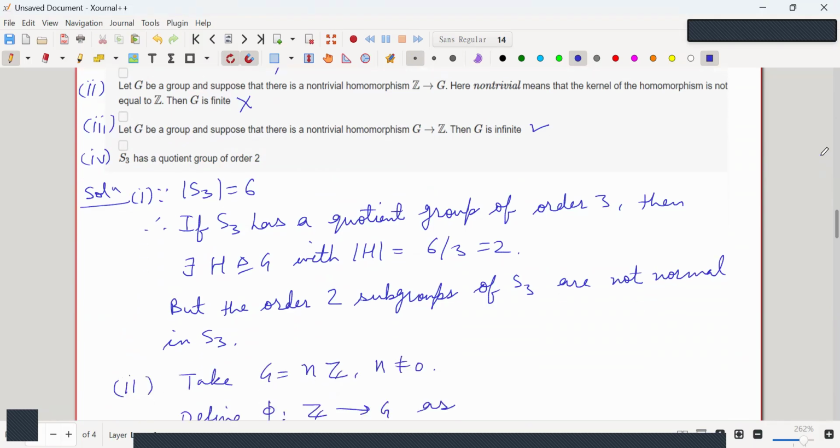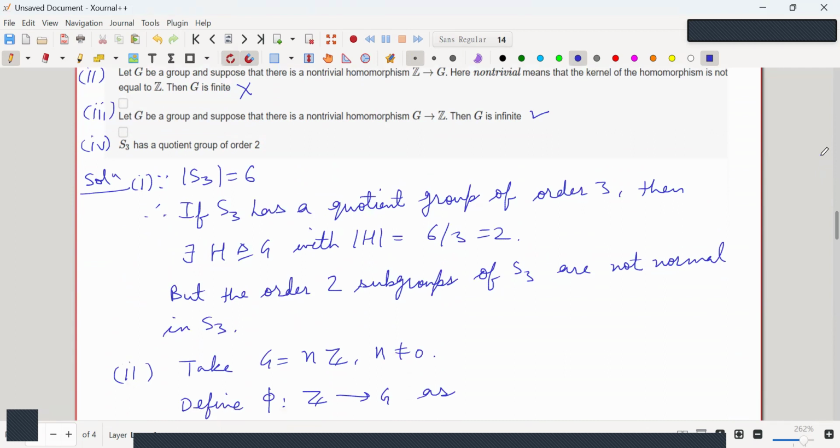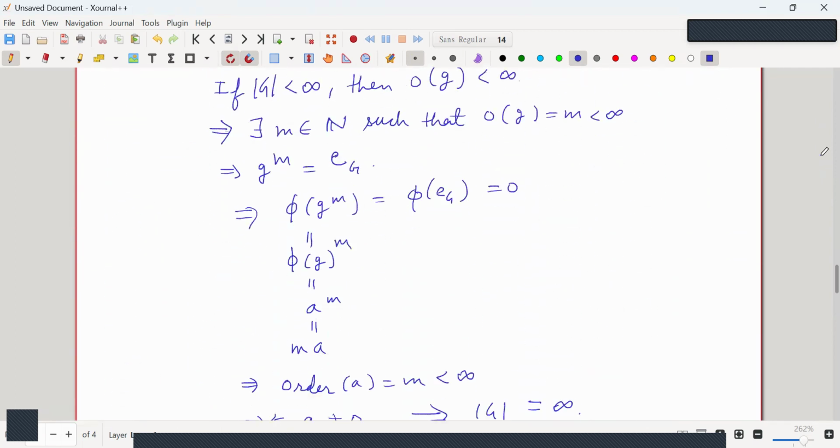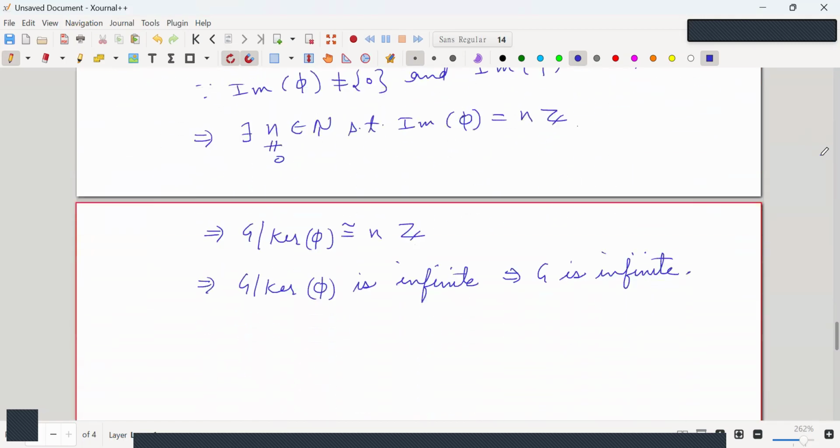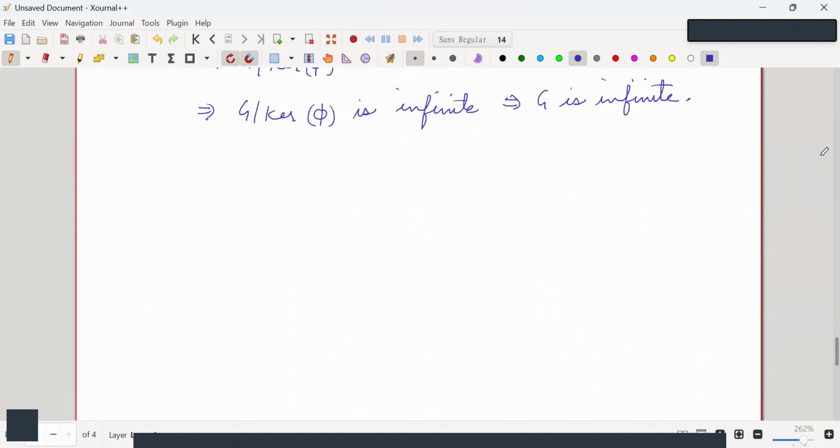So what about the last one? S3 has a quotient group of order 2. This is true. Why? S3 has only three normal subgroups: the identity, S3 itself, and the other one contains the three-cycles and the identity.